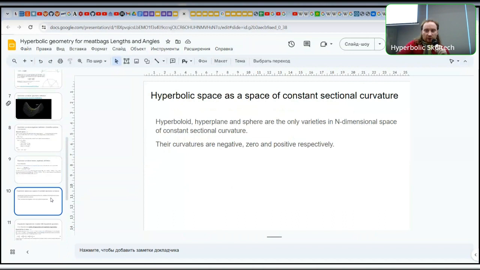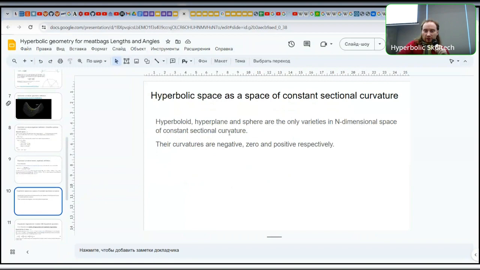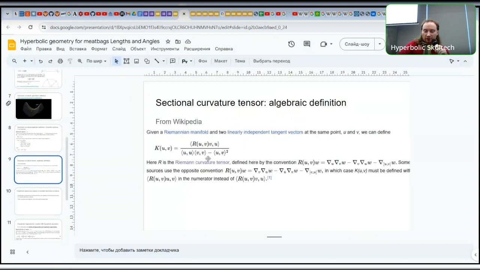Okay, so there are three types of manifolds of constant sectional curvature. This thing can be constant for each point in each direction, so each pair of directions, since I defined it for a pair of directions.